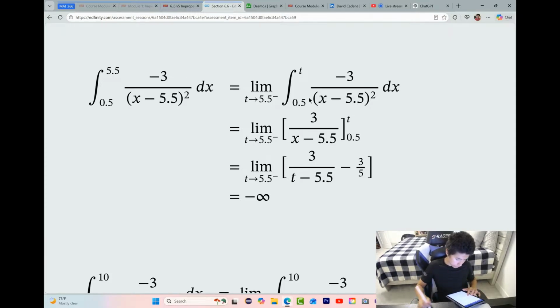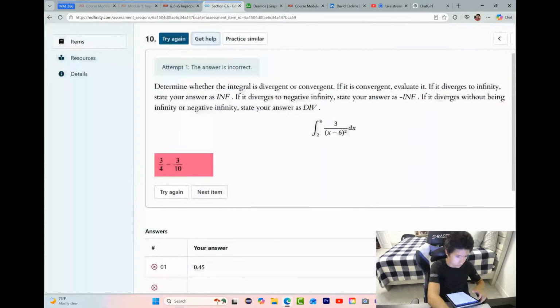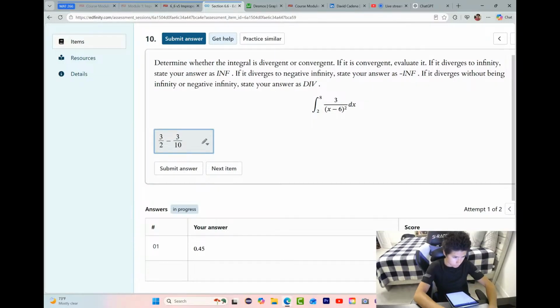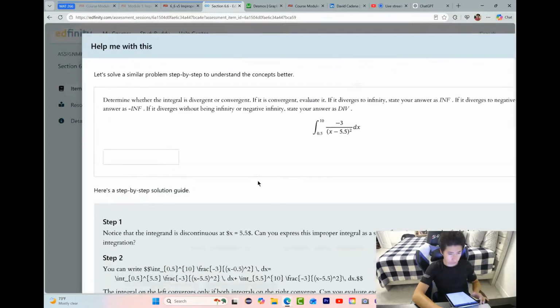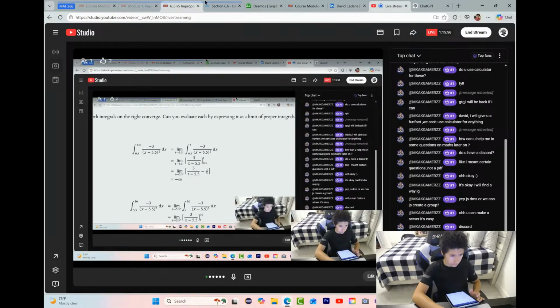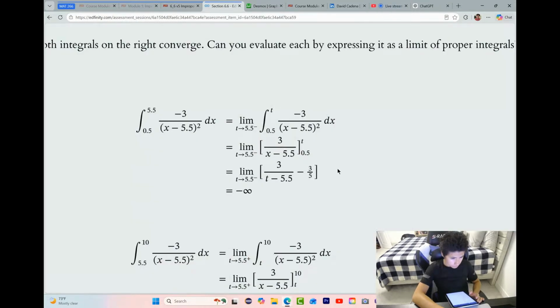Why? It's not correct either. Oh, I see. You can split it. Okay, so if we split it at 6, we would get, hold on, wait, so 5 by 5, I get 3 over 0.